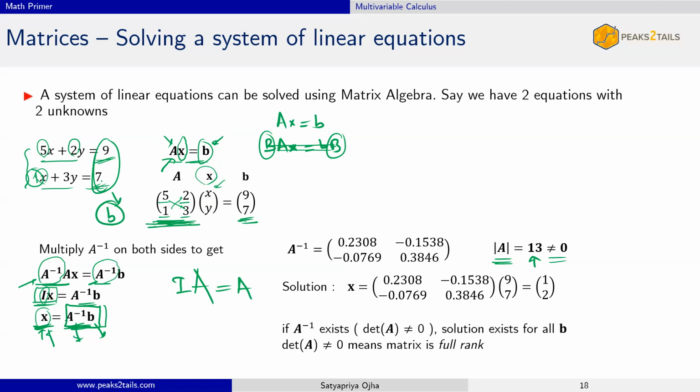Even if it's 1, 2, or 15, minus 33, still solvable. I can reach every single vector in 2D space thanks to A being non-singular, in this case, full rank.